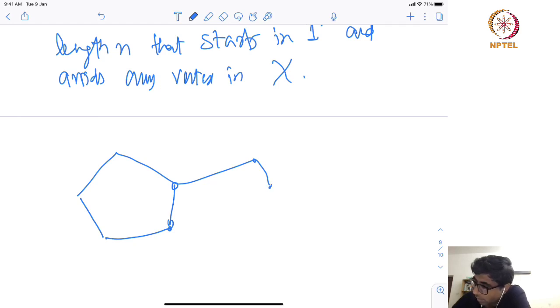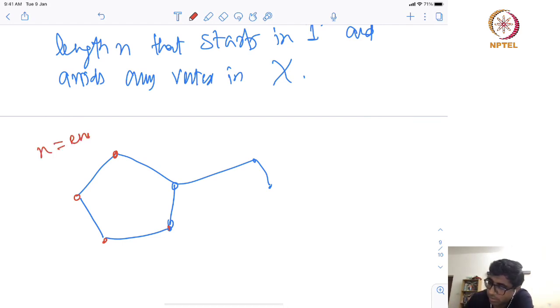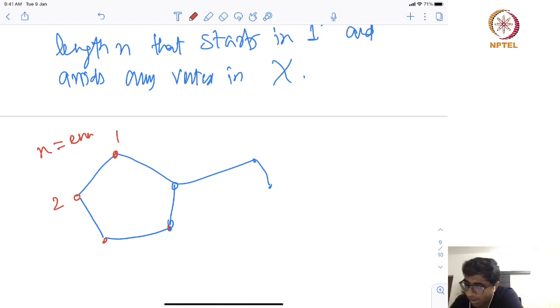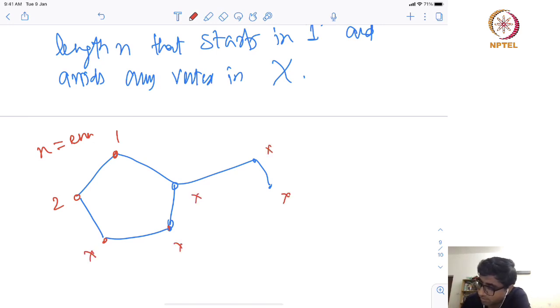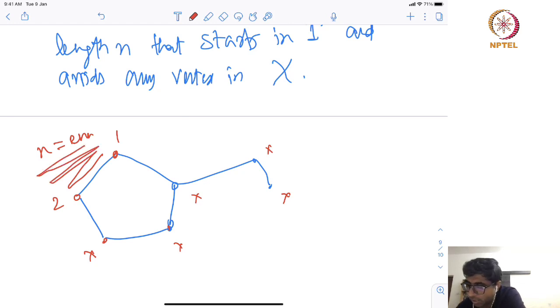Now notice, if I say give me a walk of length n, say n is even, starting at vertex 1, and that should avoid this vertex, this vertex, this vertex, this vertex, then this is nothing but I come and I go, I come and go, right.